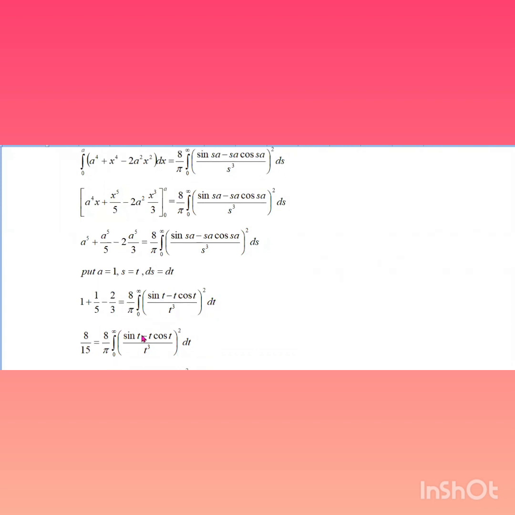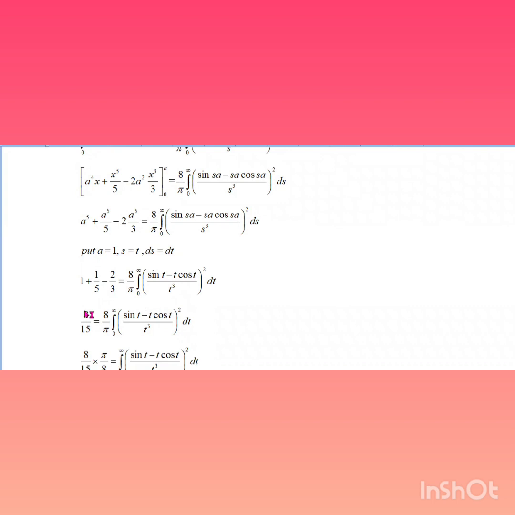If you take the LCM, you will get 8/15, which is equal to 8/π times the integral over the limit 0 to infinity of ((sin t − t cos t)/t³)² dt, because a equals 1, s equals t and ds is equal to dt.